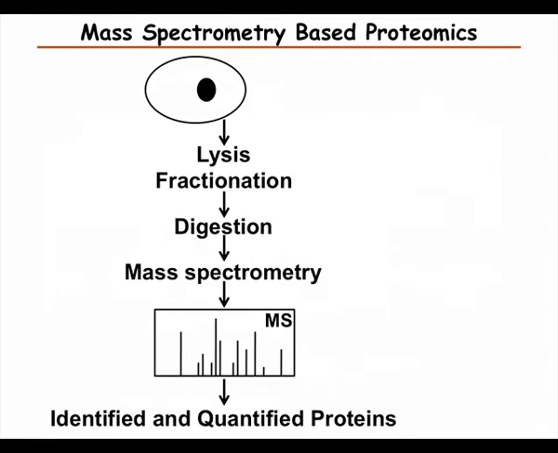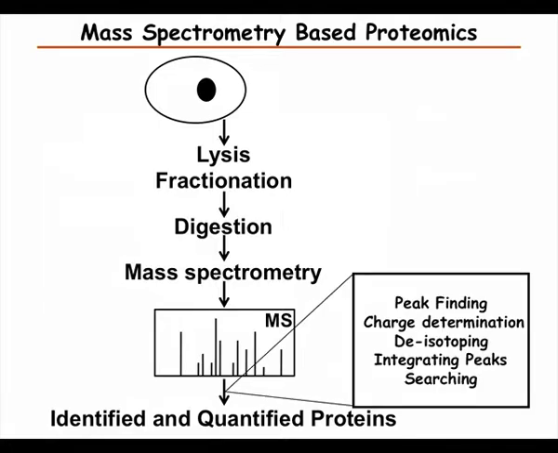In the basic mass spectrometry-based proteomics experiment, you start with a cell, analyze it, and then fractionate the proteins, maybe digest them typically, and then analyze them by mass spectrometry. Then it's the informatics step, how to go from the mass spectra to identify and quantify proteins.